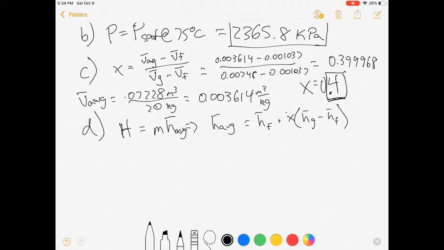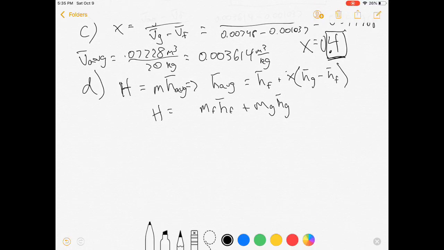Or you could say enthalpy is equal to mass of saturated liquid times the specific enthalpy of saturated liquid plus mass of saturated vapor times specific enthalpy of saturated vapor. And I'll do both ways to show you that they add up.